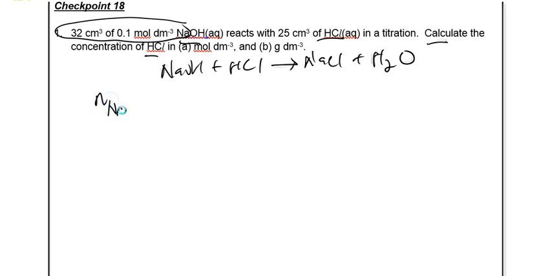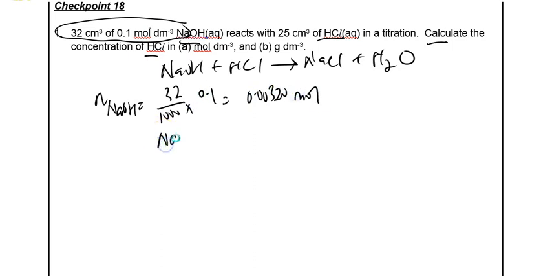So number of moles of NaOH is equal to the volume times the concentration, 0.00320 moles. And from the equation, I know that 1 mole of NaOH will react with 1 mole of HCl. So number of moles of HCl which was reacted is 0.00320 moles.